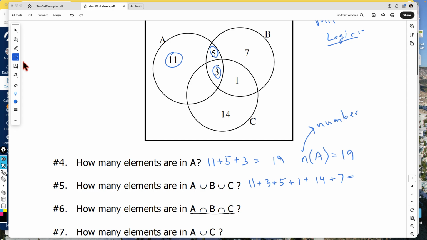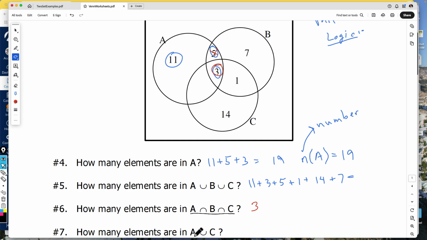It has to be all three. Well, is 1 in A? No, it's not. Is 5 in C? There's only one number that's in all three. That's the 3. So this one is the simplest of all because we don't have any calculation, but you have to just see the region. That's the easiest one to answer because it's just there.